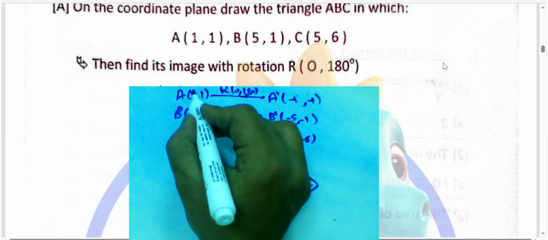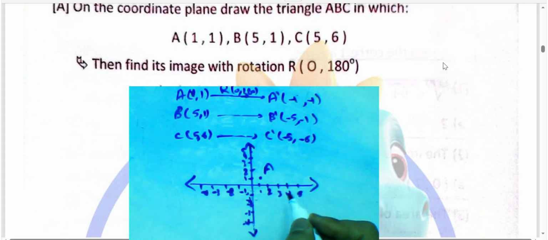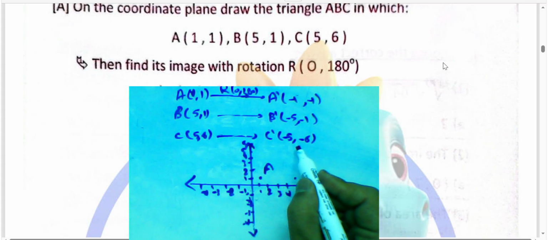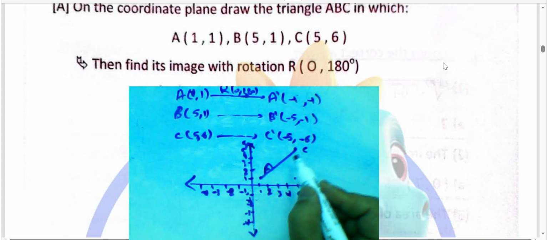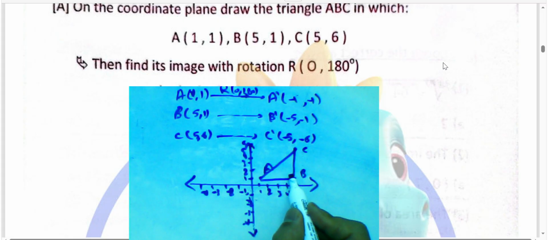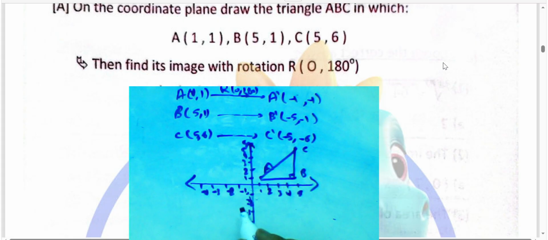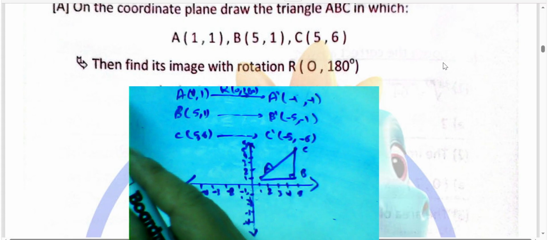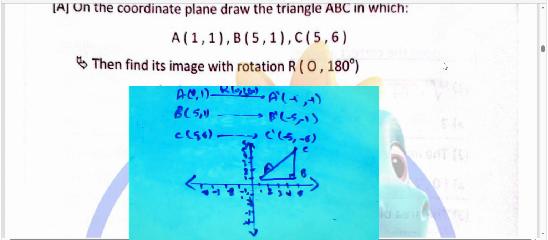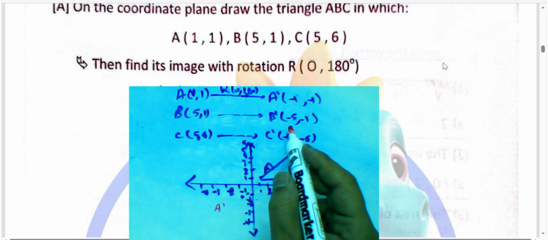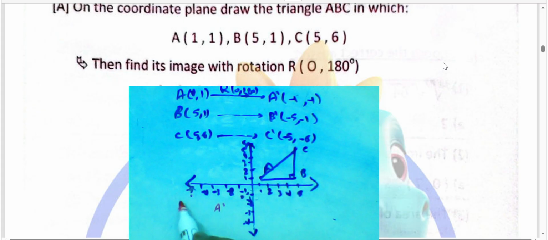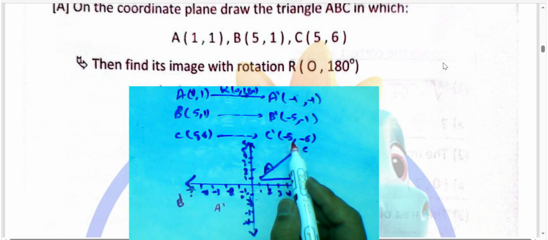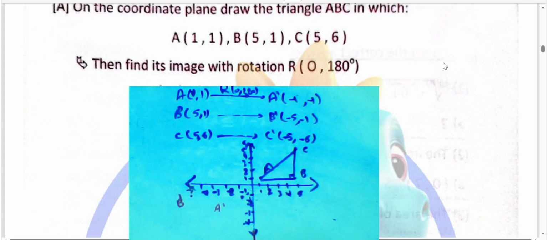First point 1 and 1, A, B 5 and 1, and C 5 and 6. Like this. And next point negative 1 and negative 1 here, A dash, and B dash negative 5 and negative 1, and C dash negative 5 and negative 6 here, down.